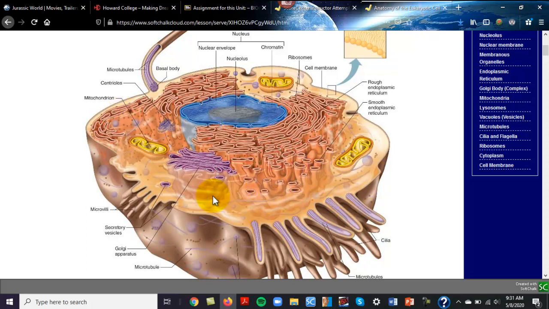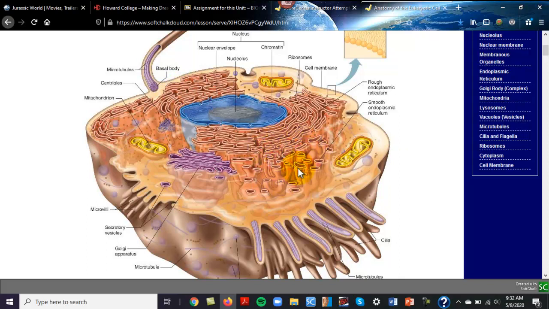This down here, see the little tubes sticking up that do not have ribosomes? That's the smooth endoplasmic reticulum. Those lack ribosomes. But what this does overall, this transports substances around the cell interior. And the rough endoplasmic reticulum has a side function of protein synthesis, and then the smooth has a side function of lipid synthesis.